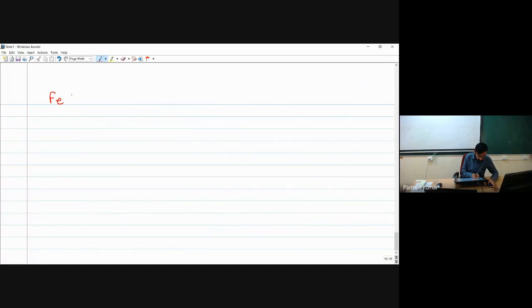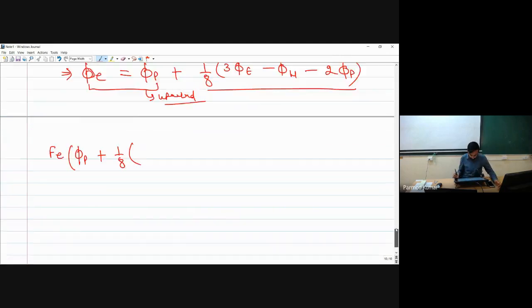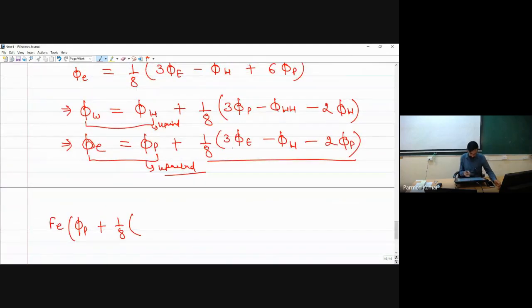Fe into, in place of phi E, I can write phi P plus 1 by 8 of, from the previous slide, I have to note the values. So 1 by 8 of 3 times phi E minus phi W minus 2 phi P, minus FW into, what is the expression for phi W?